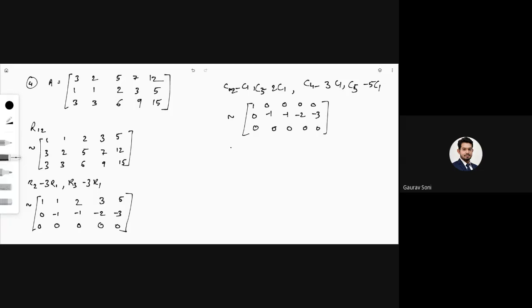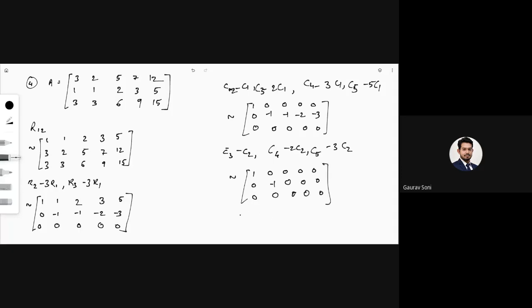The next: C3 minus C2, C4 minus 2 times C2, C5 minus 3 times C2. So what we have is 1, 0, 0, 0, 0, 0, minus 1, 0, 0, 0. The last row is here.